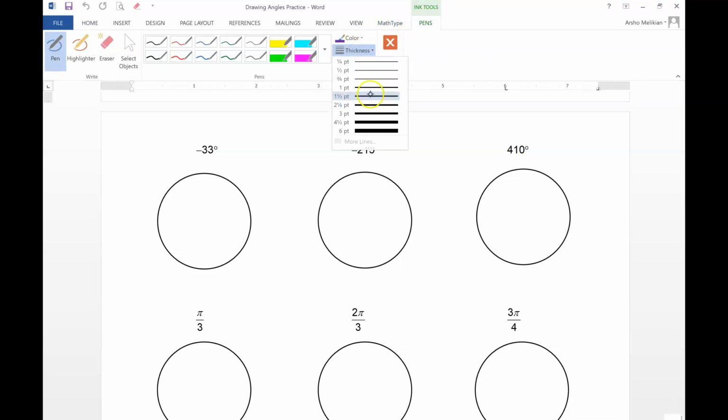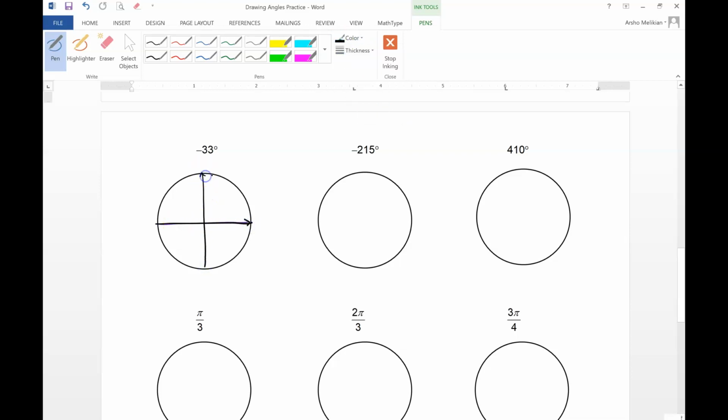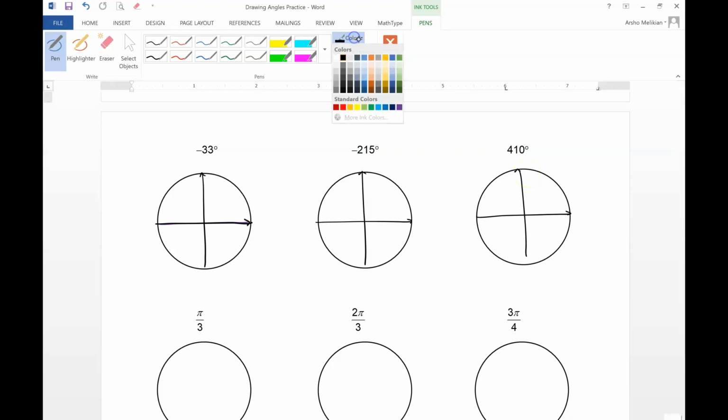What I want you to do for each of these is draw the X and Y axes. Now, on a test or quiz, if I ask you to draw an angle, I won't give you the circle, but you would have to draw the X and Y axis. Okay, so for negative 33, you have to show me the initial side.